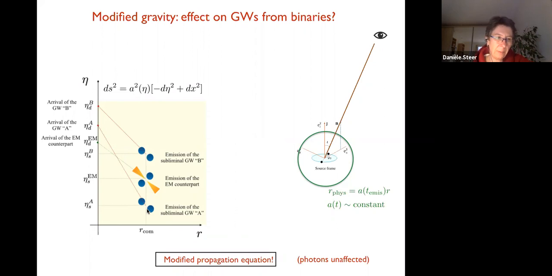So if you think of the frequency during the inspiral, as you go upwards the frequency is going up, and you can imagine the velocity of the gravitational waves changing as a function of the time that they're emitted. So there's a frequency-dependent velocity, and on the other hand, any electromagnetic counterpart goes at the speed of light. An assumption is that photons are unaffected by modified gravity.